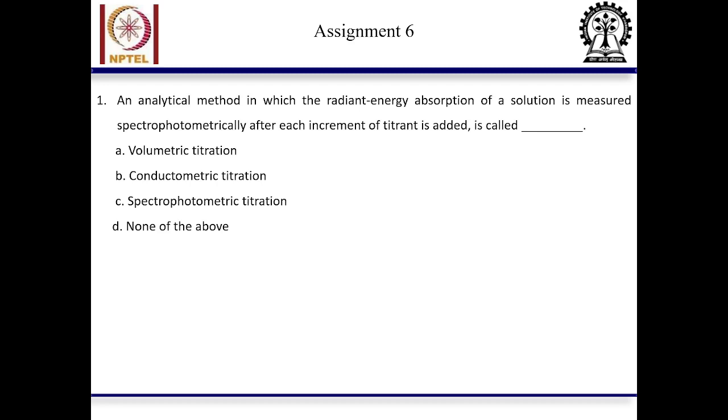The question is: an analytical method in which radiant energy absorption of a solution is measured spectrophotometrically after each increment of the titrant is added is called what? Can anyone write the answer for question number one?